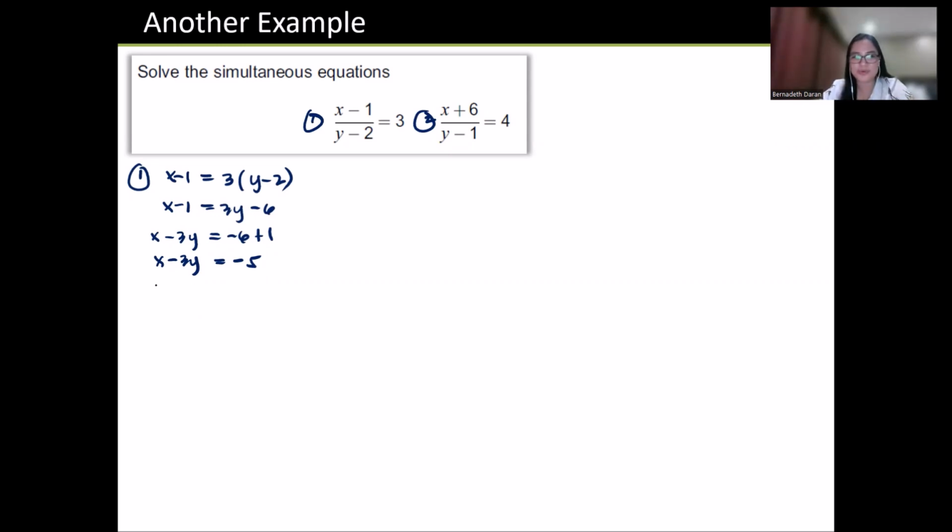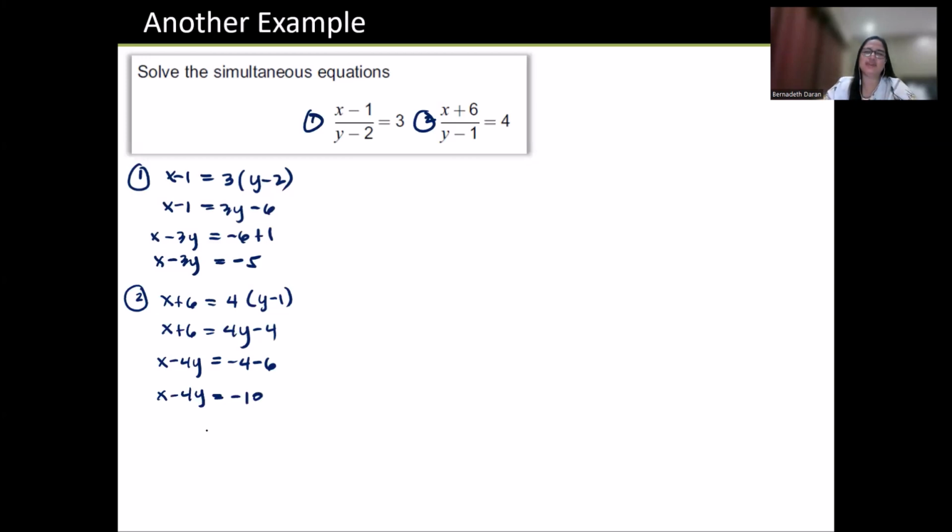Now let's try to do the same in equation 2. So we have x plus 6 is equal to 4 multiplied to y minus 1. So we have x plus 6 is equal to 4y minus 4, or that is x minus 4y is equal to negative 4 minus 6, or that is x minus 4y is equal to negative 10.